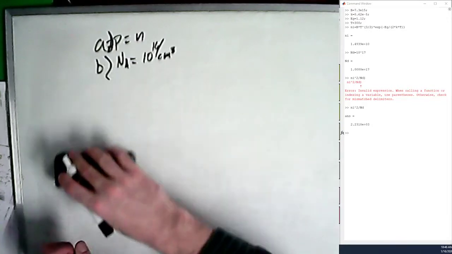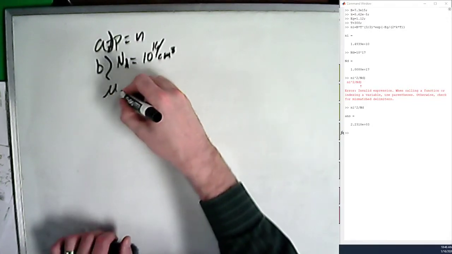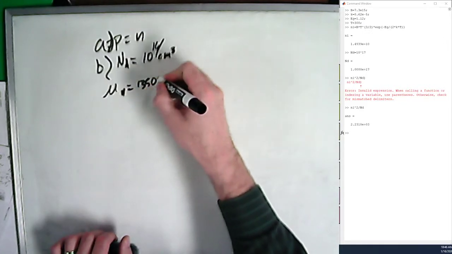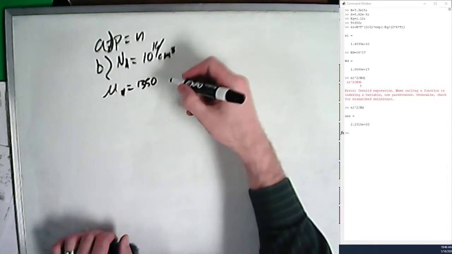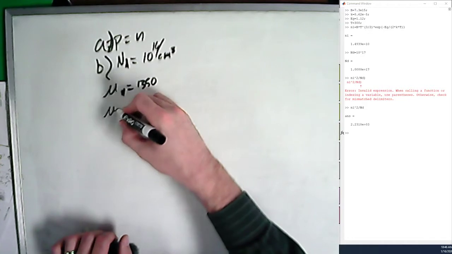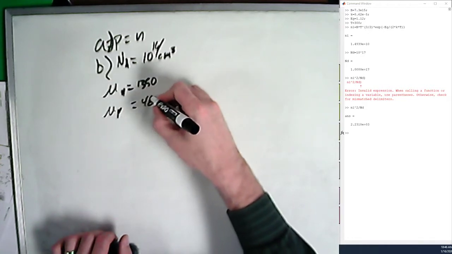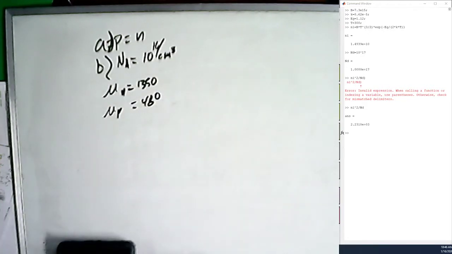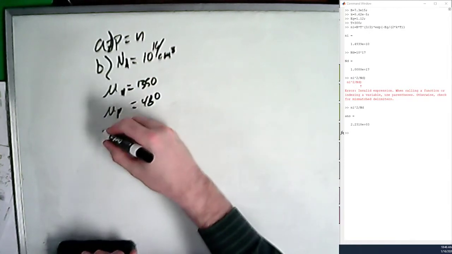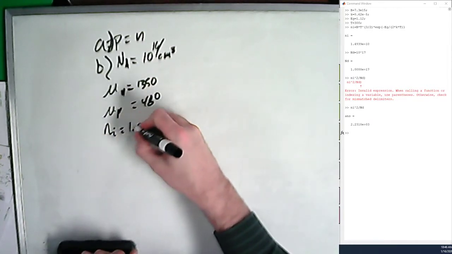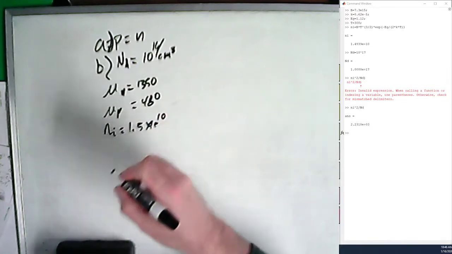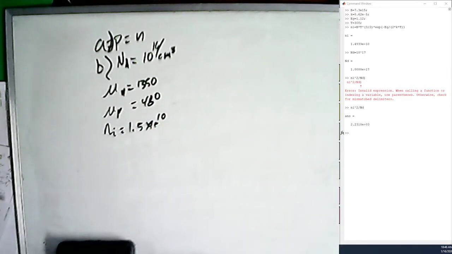They've given us a whole bunch of other information. We're going to go with mu_n equal to the 1350 value that we had before, and mu_p equal to the 480 value that we had before. They've given us n_i as well, 1.5 times 10 to the 10th per centimeter cubed.